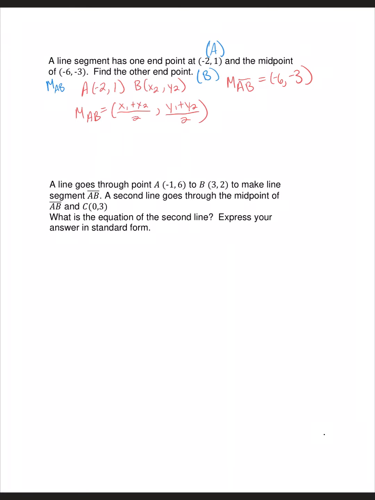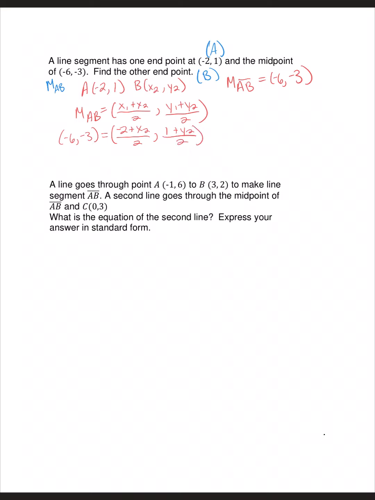We have the midpoint is (-6, -3), and then we have part of the other side of this equation. Our x1 value is -2, we don't have our x2 value, divided by 2. And then our y1 value is 1, but we don't have our y2 value.